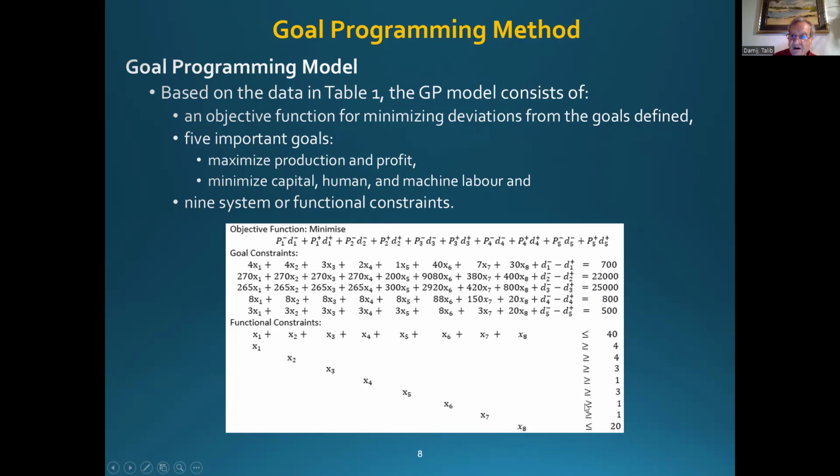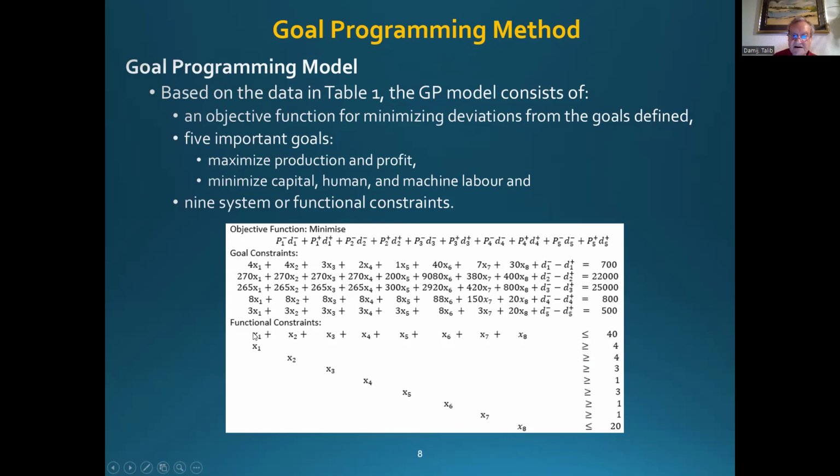The functional constraints, we have 9 functional constraints. The first one shows the land available. And the other 9 constraints define the land size for each crop.